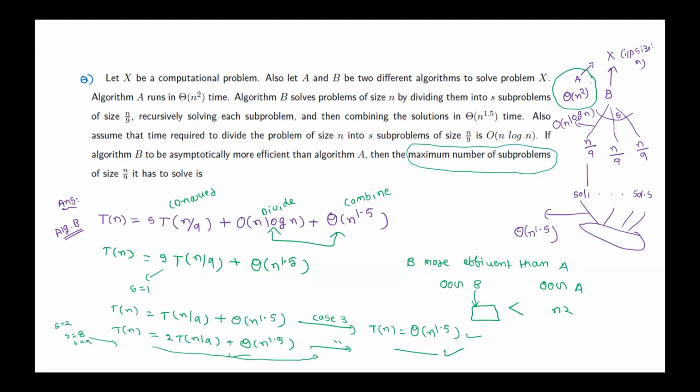That means what is the maximum value we need to choose for S so that still our algorithm B is better than algorithm A. Is that okay? Are you getting it? Yes, sir. Okay. So now that means even if we get n power 1.9 or something like this, whether our algorithm B is better or not?